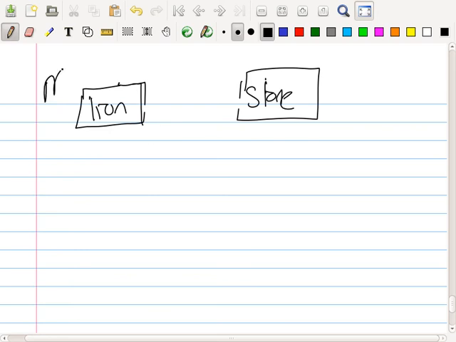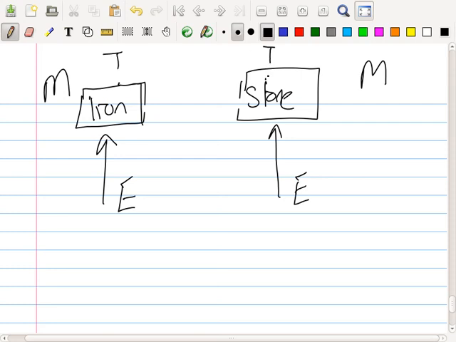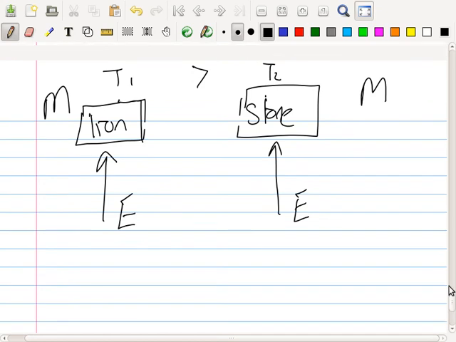Let's say this is mass M, this is mass M, and let's say I put in E energy and I put in E energy. And this makes the temperature change, and this makes the temperature change, okay? But which one will be bigger change in temperature? Just the size of the change.